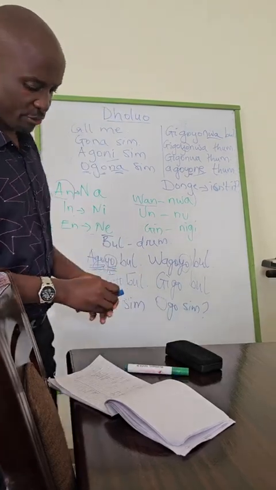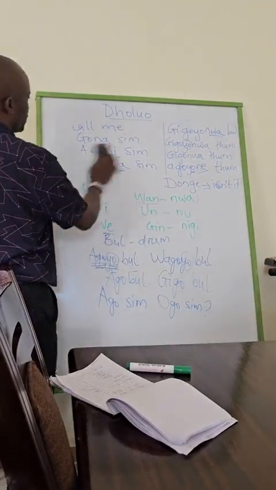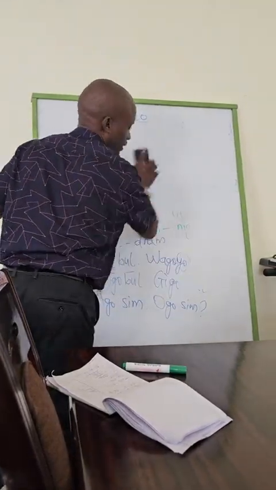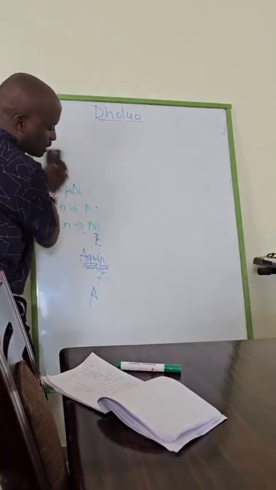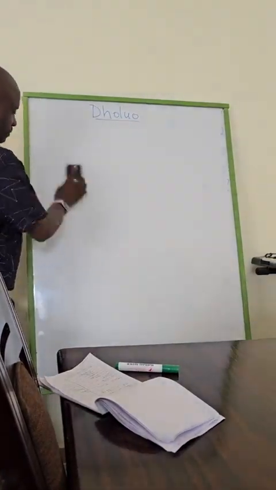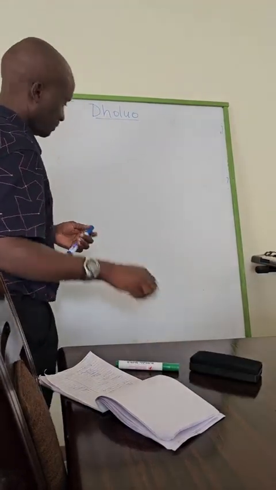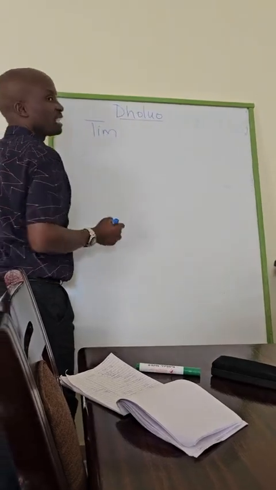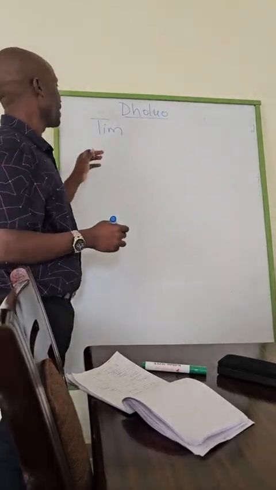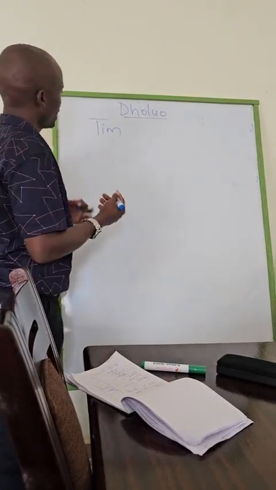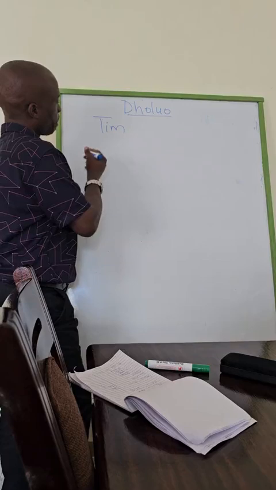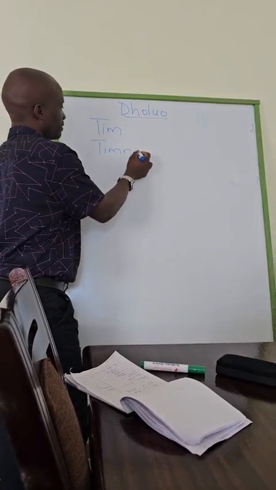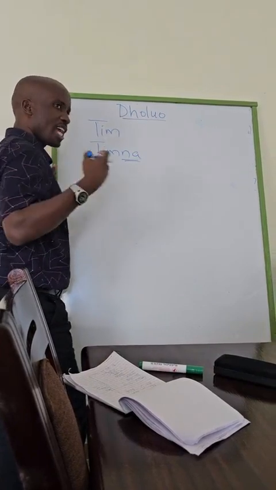You can also say, for example, let's use another verb, just to be sure that this is clear. We can use "tim", to do something. So we can say "timna". Here na means me.